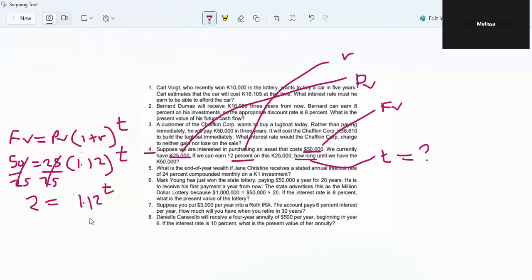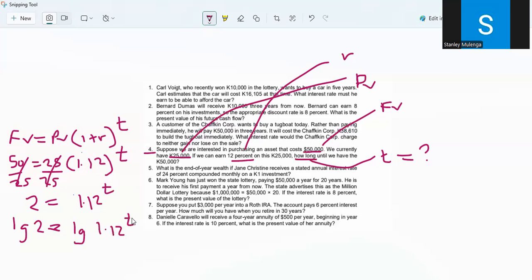And then you introduce logs on both sides. It's only logs that will cause the exponents to fall down, according to our grade 12. So the T will fall down. What are we going to have now? Log 2 is equal to T times log 1.12. So how do we make T subject?